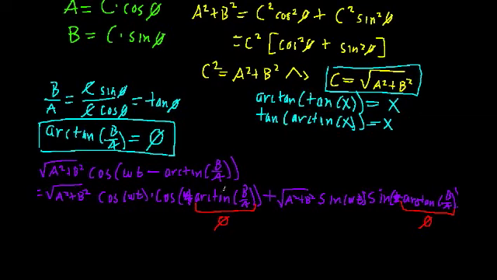And if we think of this arctan as an angle, we can actually just draw it out. So let's think of, this is actually supposed to be a right triangle. Here we go. Let's think of our angle phi. This is equal to the arctan of b divided by a. And we know that the tangent of this angle is b divided by a.